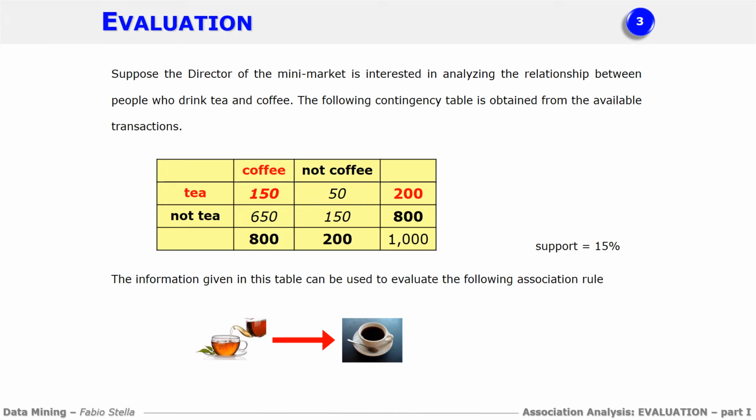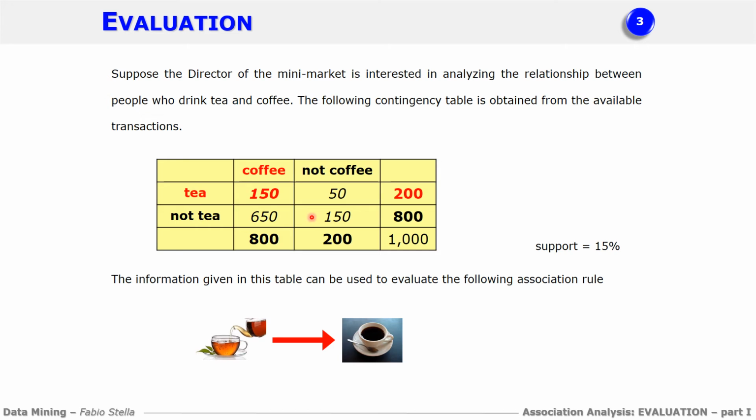We close the analysis of this association rule by computing its confidence. The confidence of this association rule is defined to be the ratio of the number of transactions where both the items tea and coffee are included, to the support count for the item tea.